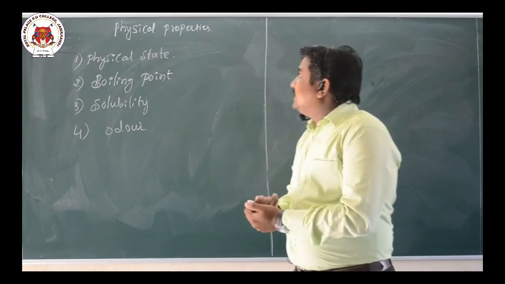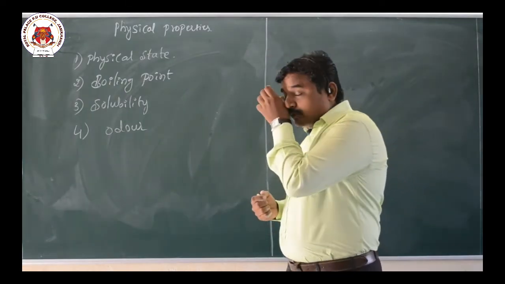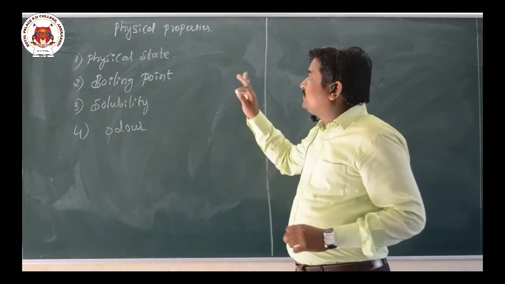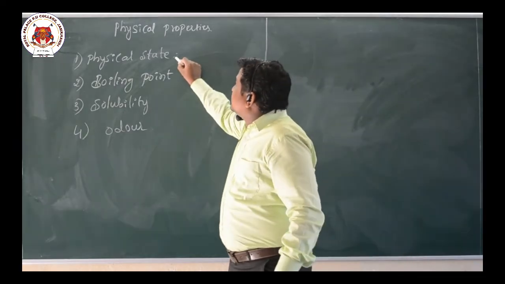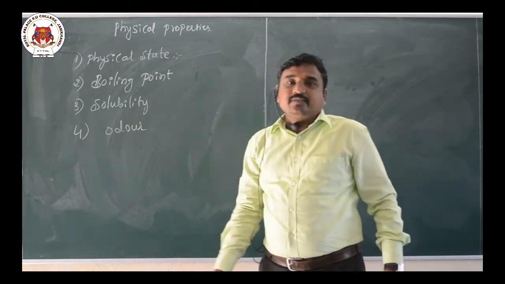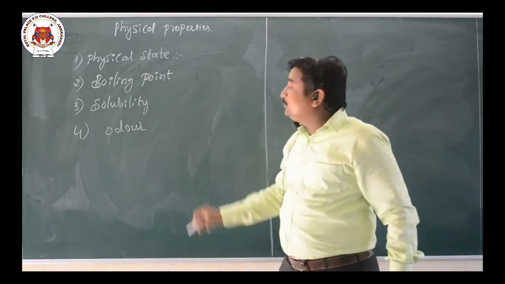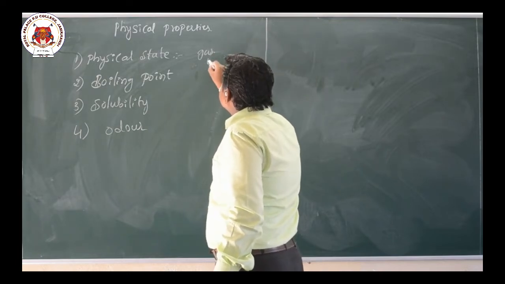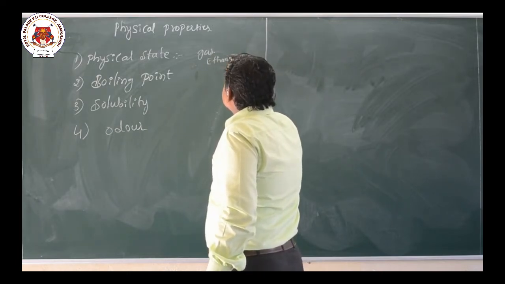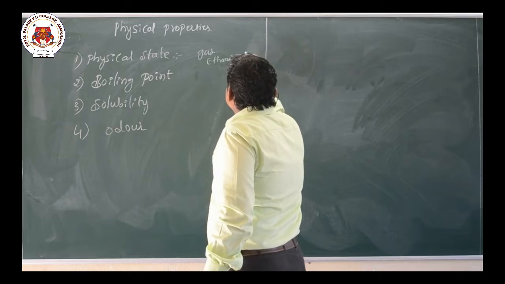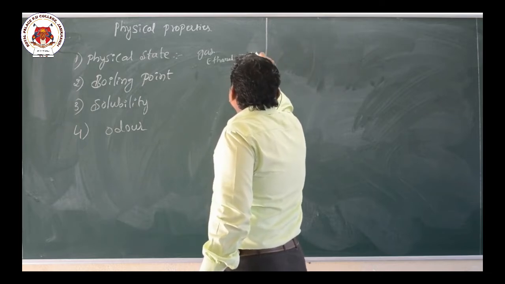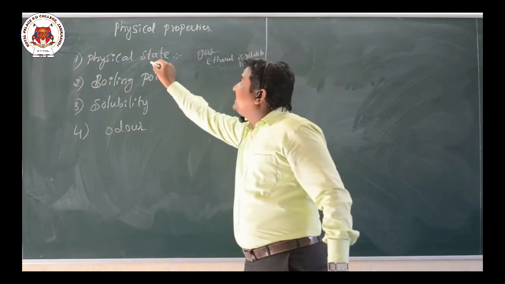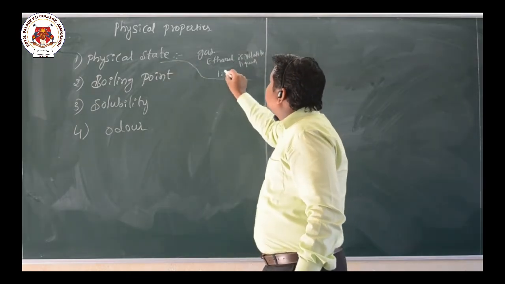Now we will move to the next concept, physical properties. The first concept is physical state. At room temperature, methanal is a gas, and ethanal is a volatile liquid. The remaining aldehydes and ketones are liquid or solid.